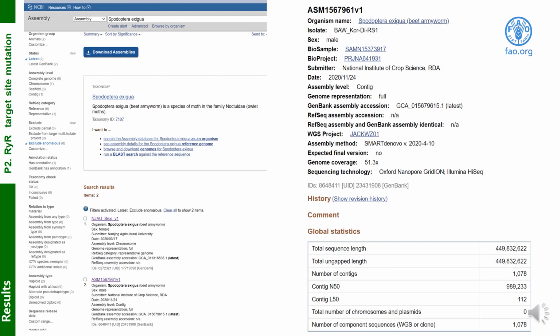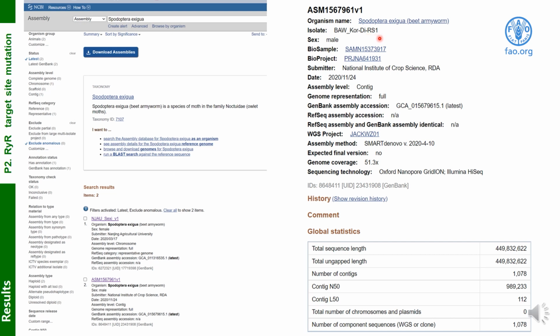Next, we tried to find insecticide resistance-specific mutations at the genome level. There is no reference genome, so we set up a new reference genome for the Korean resistant strain. This is the result: isolate BAW-KOR-DIRS1, meaning beet armyworm, Spodoptera exigua, Korea, diamide resistant and susceptible F1 hybrid.